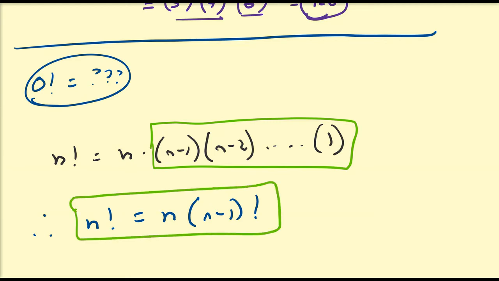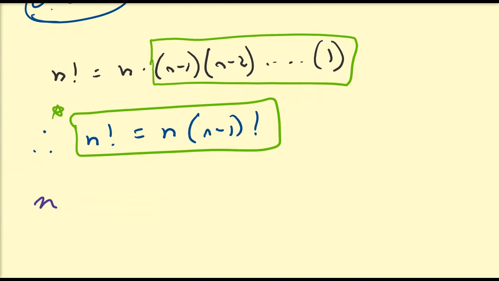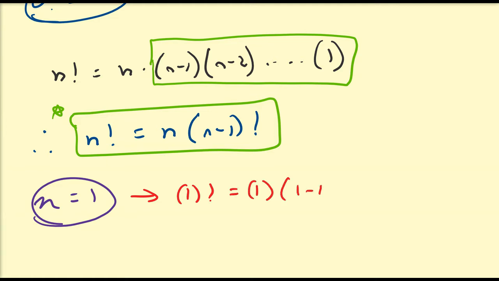So this is a special property, right? What we can do is let n be equal to 1. When we let n be equal to 1, we get 1 factorial on the left is equal to 1 times 1 minus 1 factorial on the right hand side. So 1 factorial, which we know is equal to 1, is going to be equal to 1 times 0 factorial.